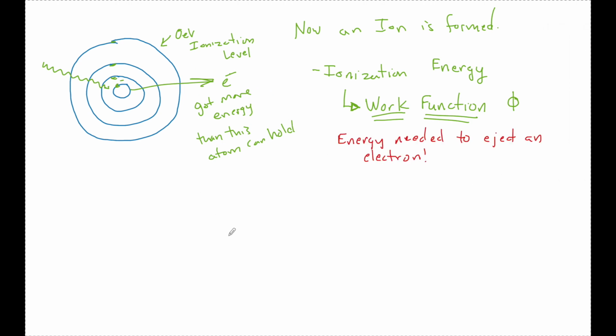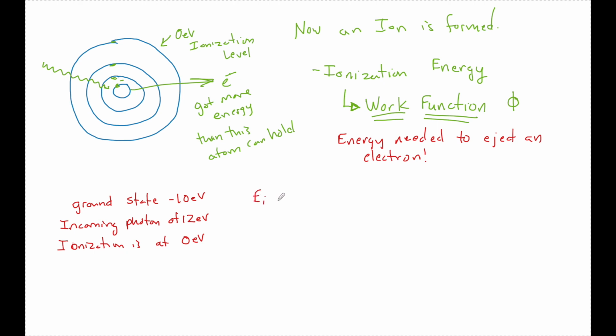So let's give an example of how this works and how we talk about it. Let's say the ground state was listed at minus 10 eV. And I had an incoming photon of 12 eV. Well, we know ionization is at 0 eV. So we have the energy initial plus the energy of the photon, which gives the electron's final energy.